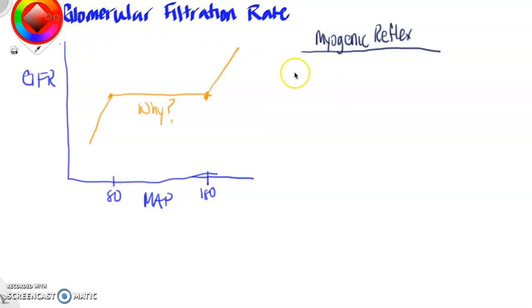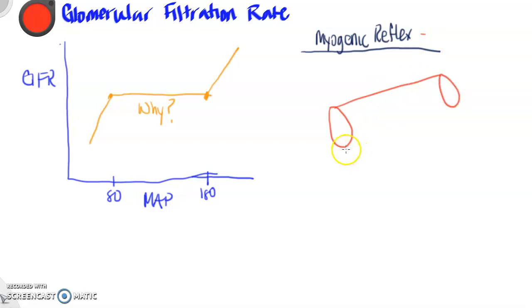This myogenic reflex is created by smooth muscle in the afferent arteriole. So if we have an afferent arteriole here, afferent arterioles are wrapped with smooth muscle.